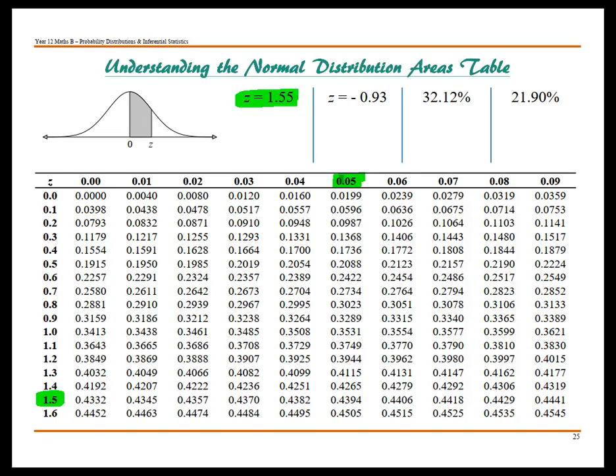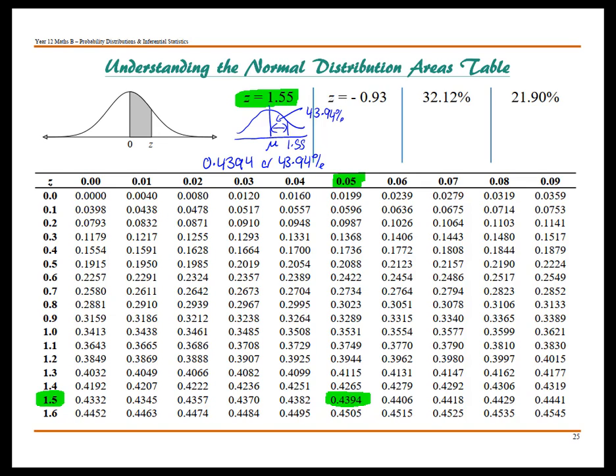So that represents 1.55. The intersection of those two is 0.4394. So that means that if I think of my normal distribution, this is the mean. So a Z-score of 1.55 represents this proportion here of 43.94%. Okay, so my proportion is 0.4394 or 43.94%.